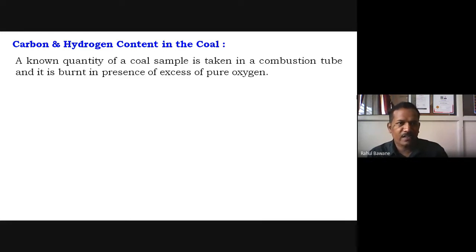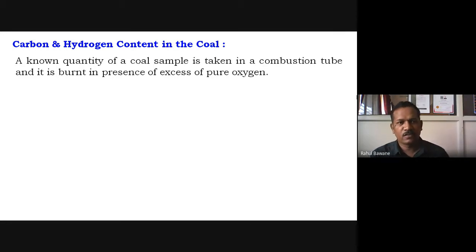We have to take that known quantity of coal sample and burn it completely. That means we are not expecting any partial burning. We are expecting all carbon to get converted into CO2. Complete combustion should be there. It is not expected that some carbon particles will partially burn and convert into CO.